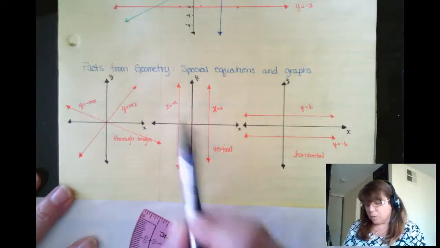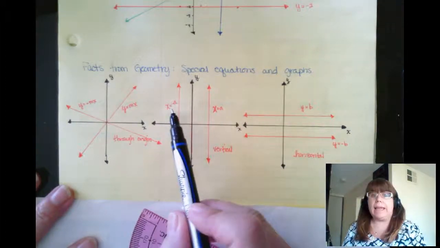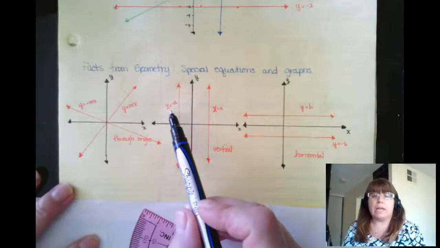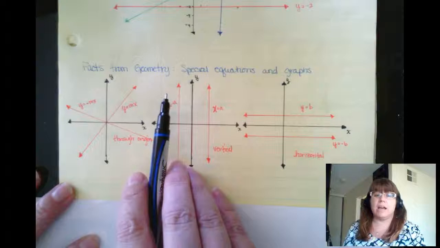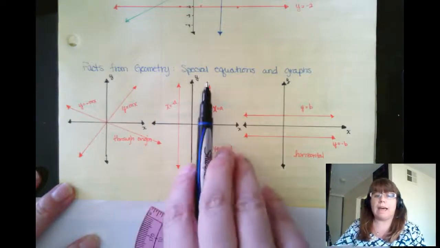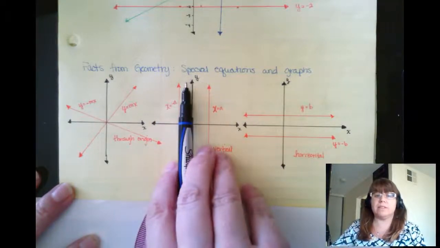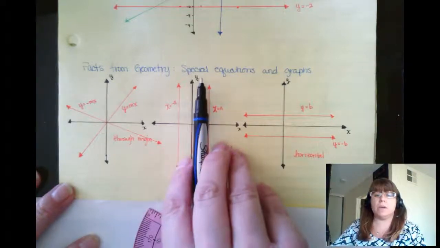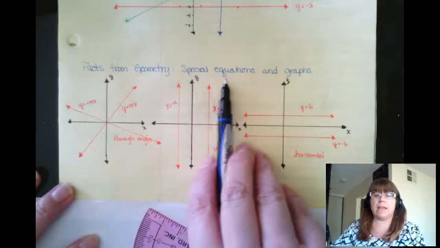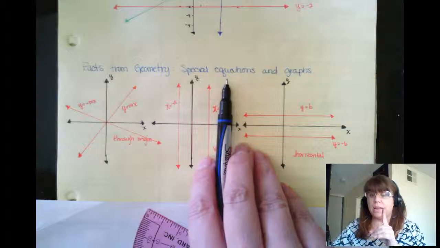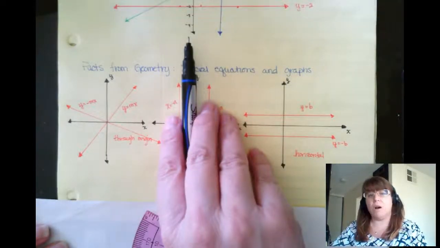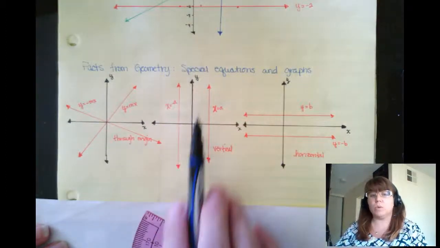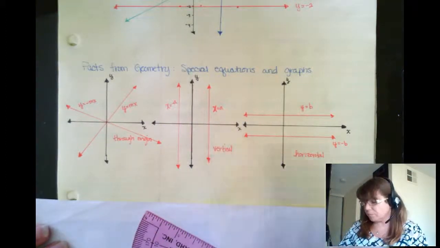It's vertical when x equals a number like -a. It would be on the left-hand side of the y-axis, and it's vertical. Whereas if it's positive, it's going to be on the right-hand side of the y-axis. If it's 0, it actually is the y-axis, because it's a straight line going through x equals 0.